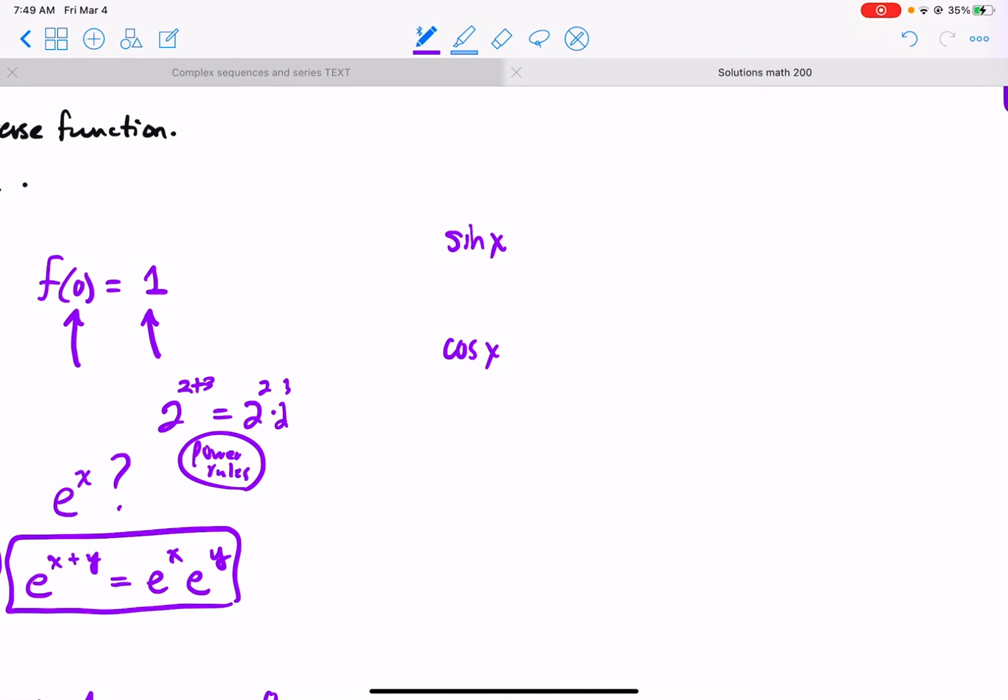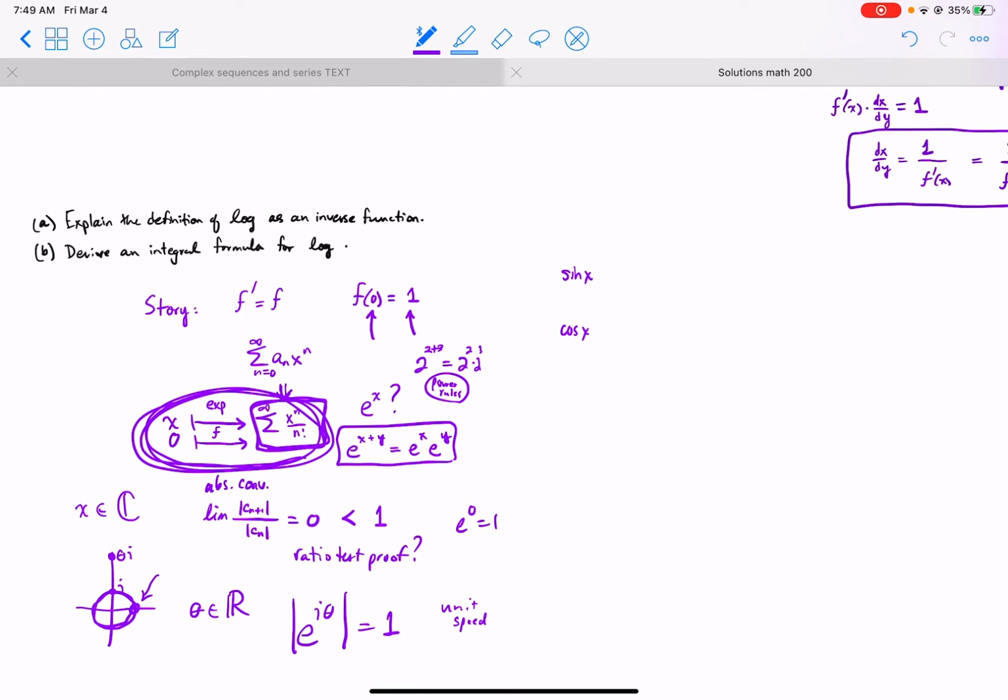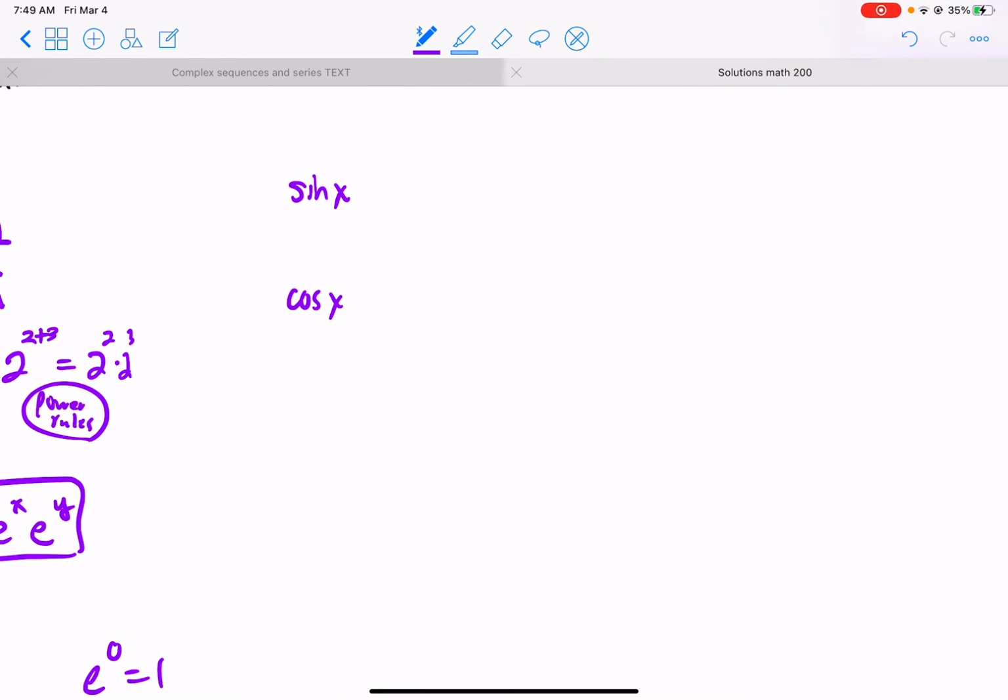And then if we plug in e to the i theta, we get things like this: an infinite sum, and the even powers of i will become 1 or minus 1. The odd powers of i will become i or minus i. And so the imaginary component will be those odd powers.